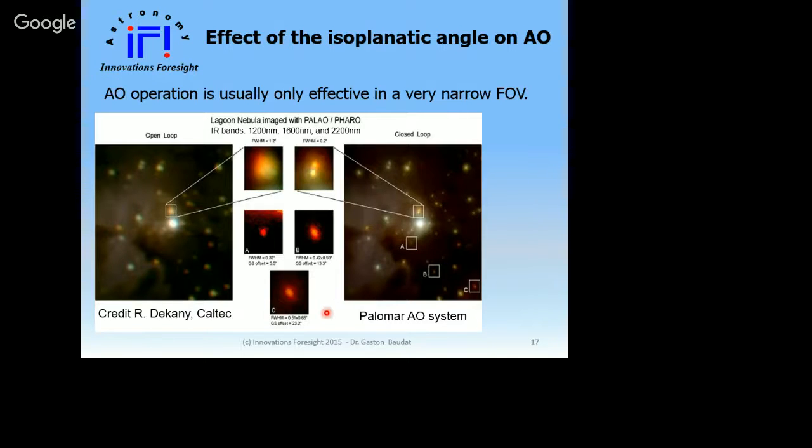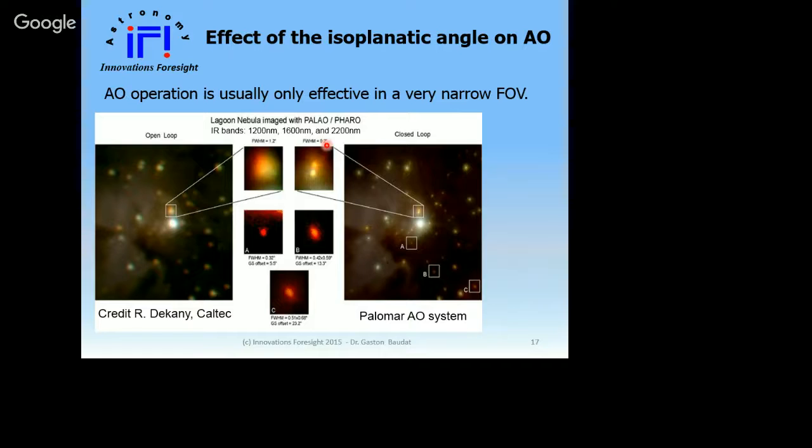But what's interesting in this picture is, first, on the left side, the Lagoon Nebula, it's a zoom, open loop, no adaptive optics. You can see those two stars here cannot be resolved. When you turn the adaptive optics on, you can resolve them. And the difference is pretty big. Here, the seeing is 1.2 arcsecond.